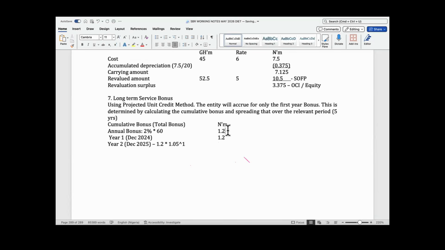So that becomes 1.26. In year 3, which is December 2026, it's 1.323.